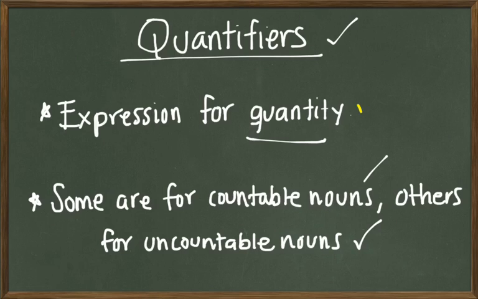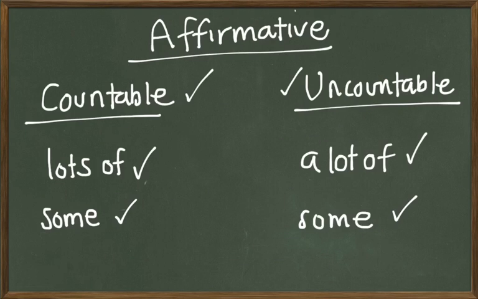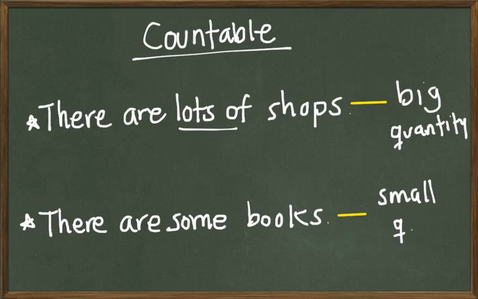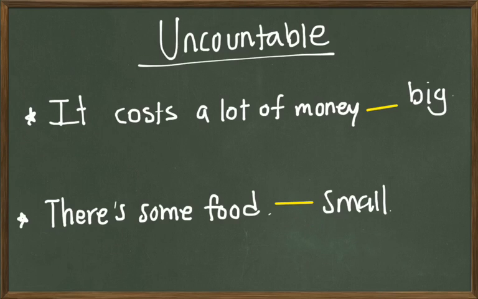Quantifiers, remember that they express the quantity, and there are some specific words or expressions, quantifiers, for countable nouns and also for uncountable nouns. In the affirmative, we use lots of or some for countable and a lot of or some for uncountable too. We have some examples for big quantity and small quantity.